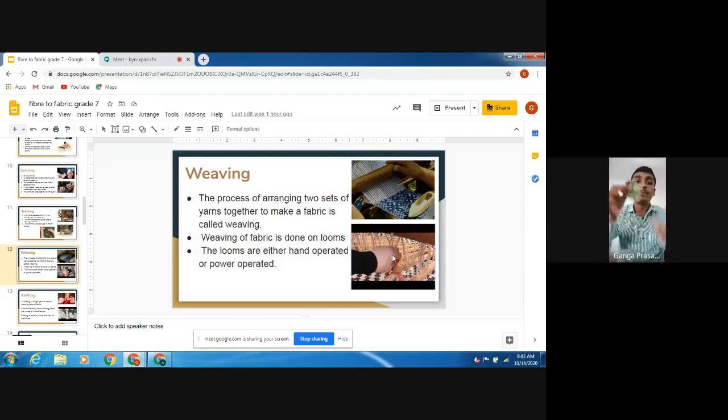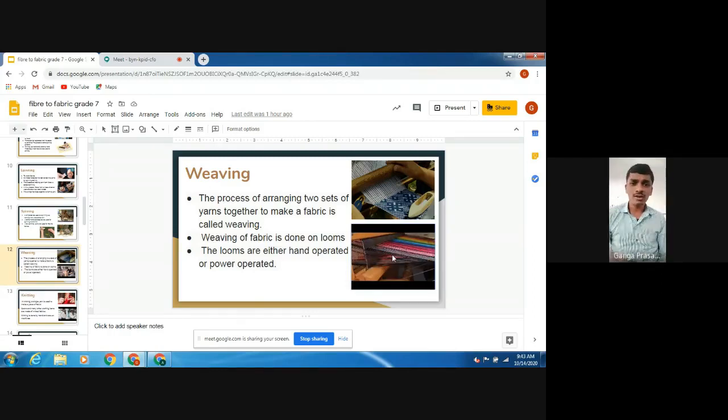The process of arranging two sets of yarns together, horizontally and vertically, to make a fabric is called weaving.